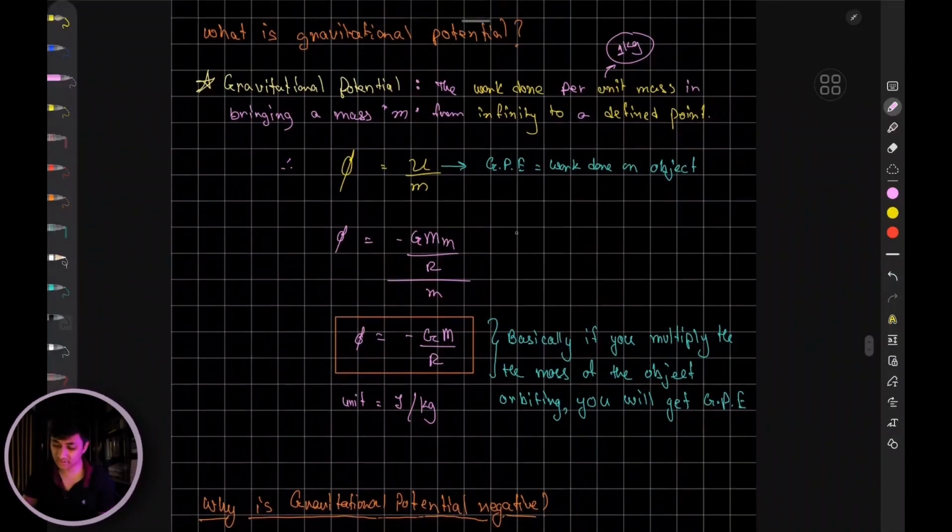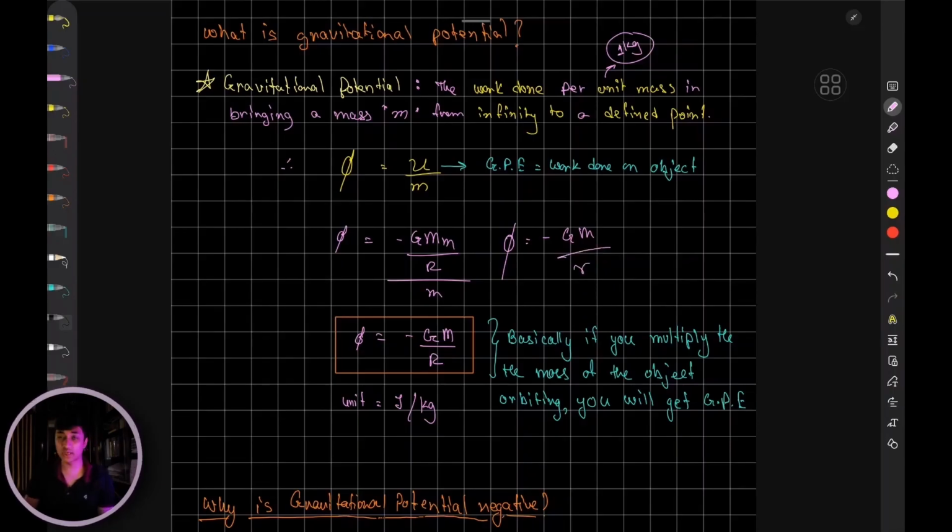The other way to think about this is minus GMm by r. If this was your formula for gravitational potential energy, consider the mass of the object to be 1 kg, and you're going to be left with phi, the gravitational potential, which is minus GM by r.